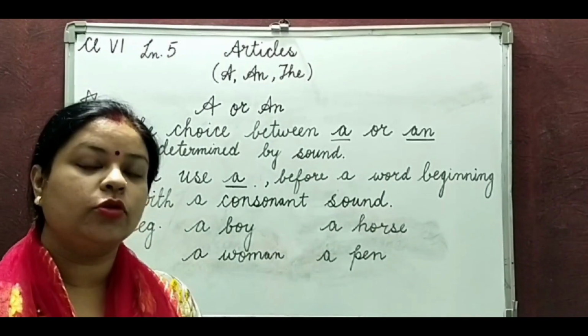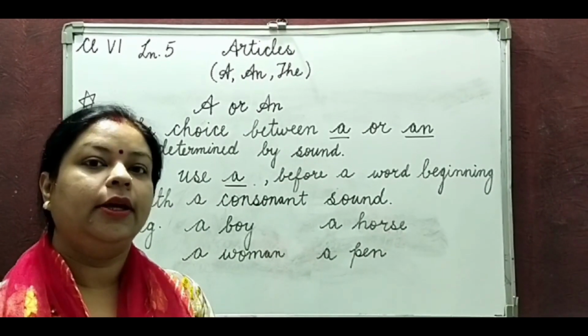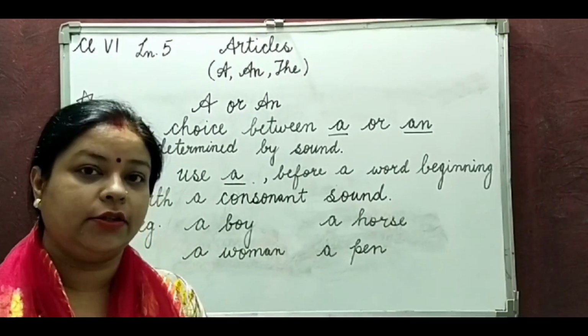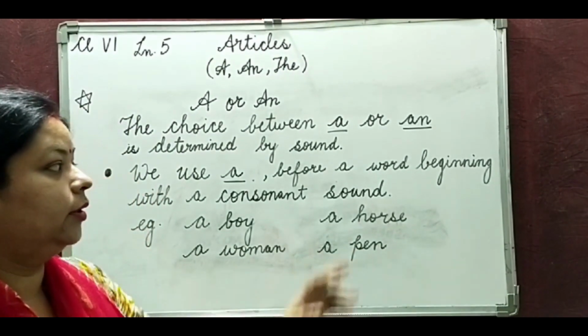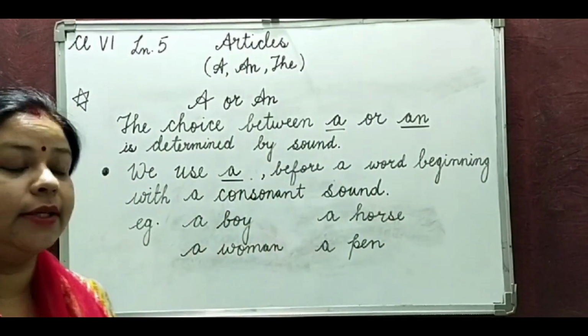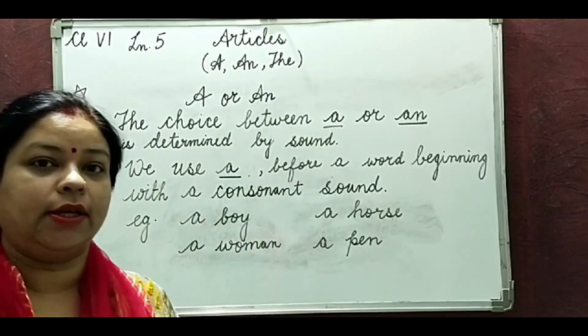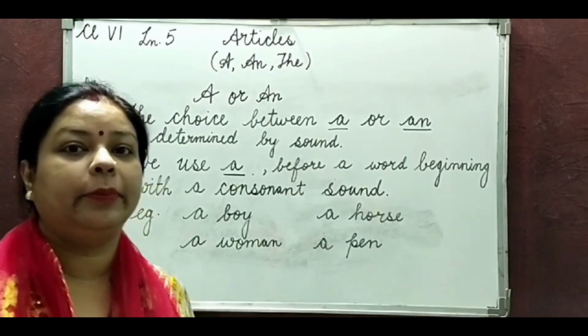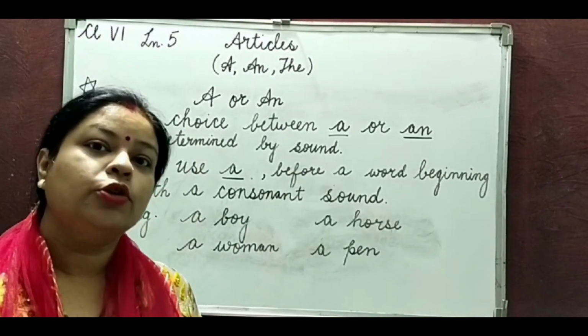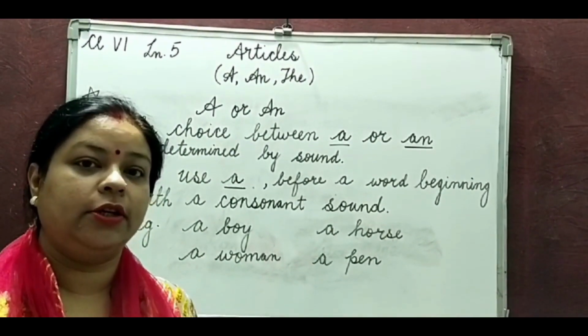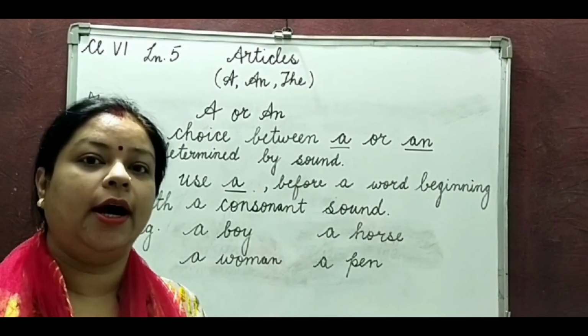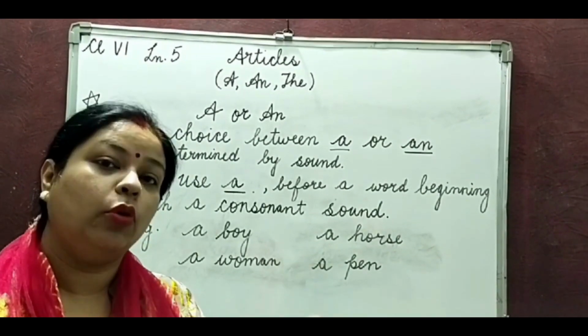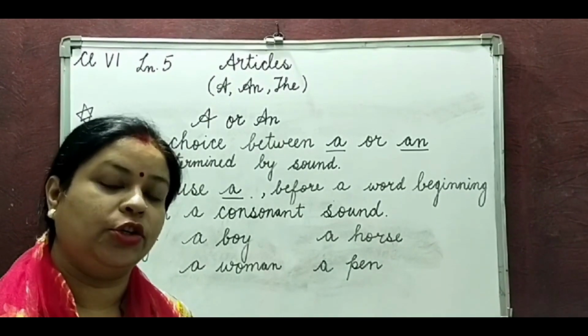The second most important article, a, is used before a word that begins with a consonant sound. Again and again I am repeating this word sound. So sound is very important to use an article before any word in English grammar.